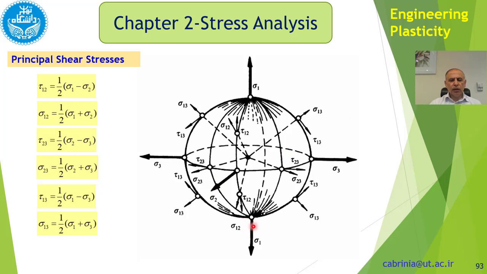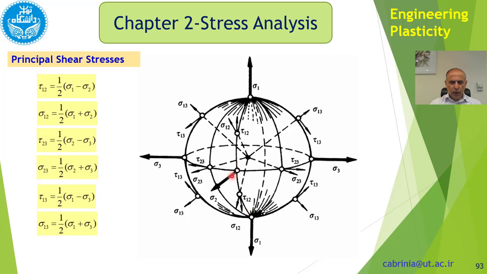Okay, different directions. For instance, on this meridian you can see the directions 2 and 3, because this is between 2 and 3. On this one you can see 1 and 2.